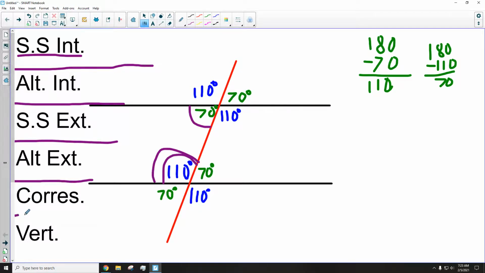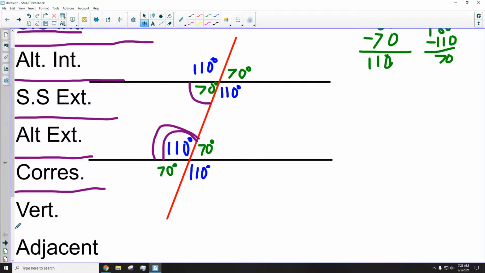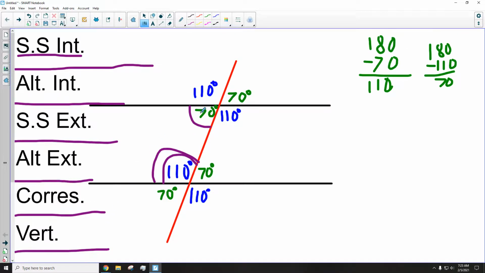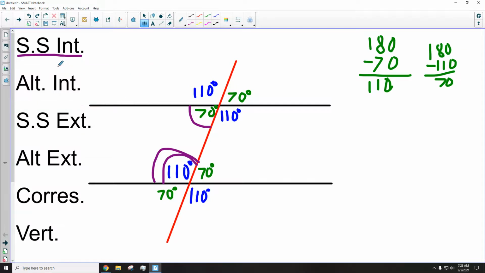And now we're going to get to put into practice to see what they are. So if we look, we're looking at the same side interior right now. Same side interior, I looked at this 70 and this 110, which I could have also looked at these two as well. But 70 is not the same as 110, is it? But if I add these two together, it gives me 180. So I know that this is supplementary. It's a long word.